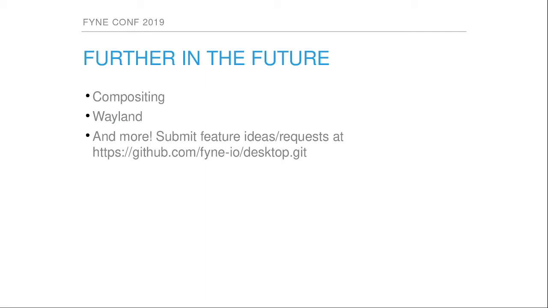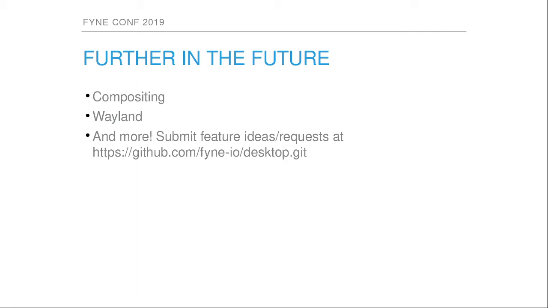But hey, look, we are always open to ideas, feature requests. We'd love to talk to you. We'd love to see what you think we need to do next. You can go to the FyneDesk Git that you see at the link there and submit any tickets or bugs that you see or features that you would like us to address, and we will certainly look at that.